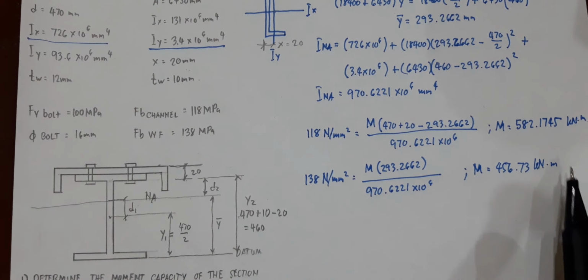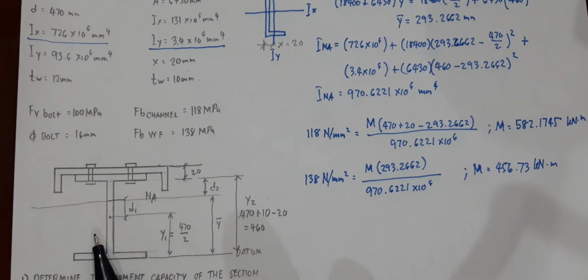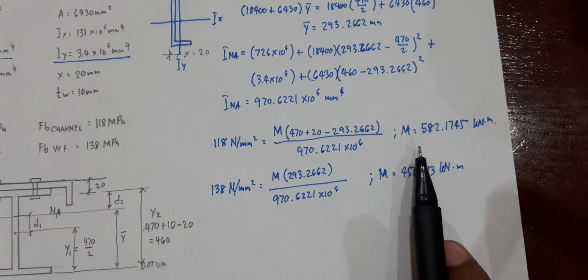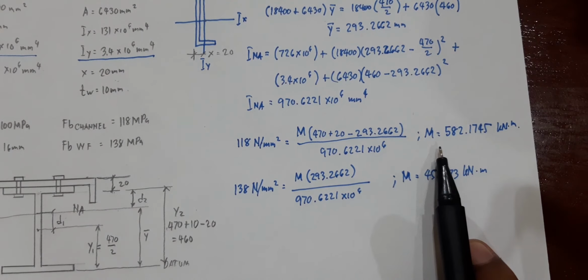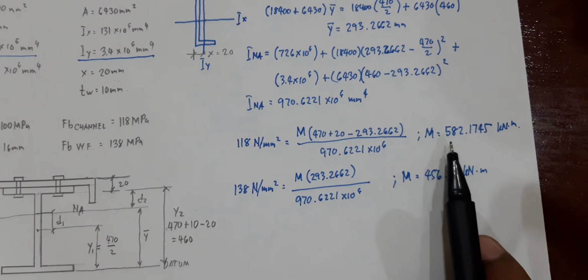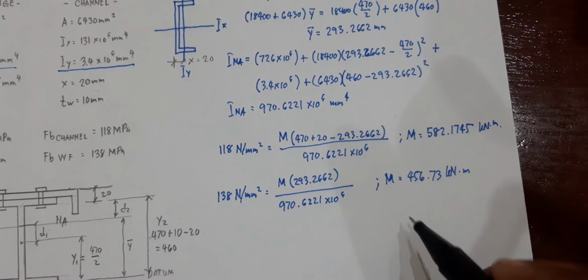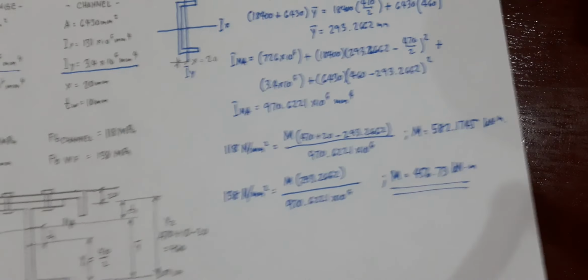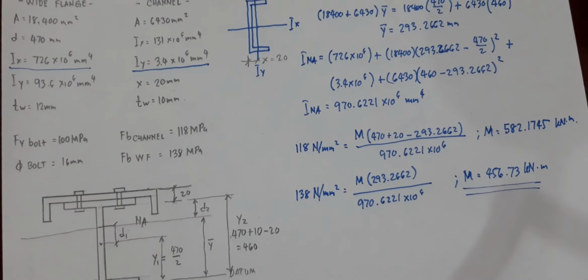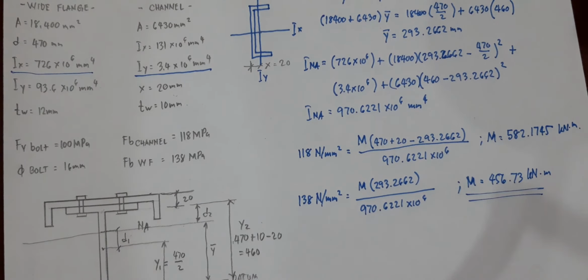But since this one is lesser than the capacity of the compression side, your compression side can carry this particular moment, but this one is the capacity of your tension side, so your tension side cannot carry this amount of moment. So it is rightful to say that your maximum capacity is 456.73 kilonewton meters.